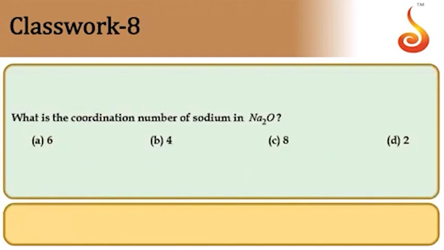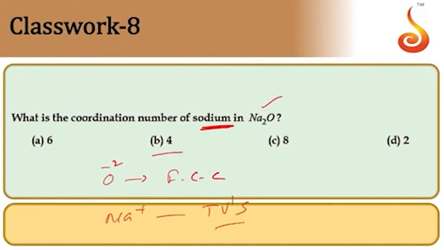C is the answer. Next, what is the coordination number of sodium in Na2O? In the Na2O structure, O-2 forms an FCC unit, and then Na+ ions occupy all tetrahedral voids. All tetrahedral voids are occupied. So Na+ will be in a tetrahedral void, which means the coordination number is 4.